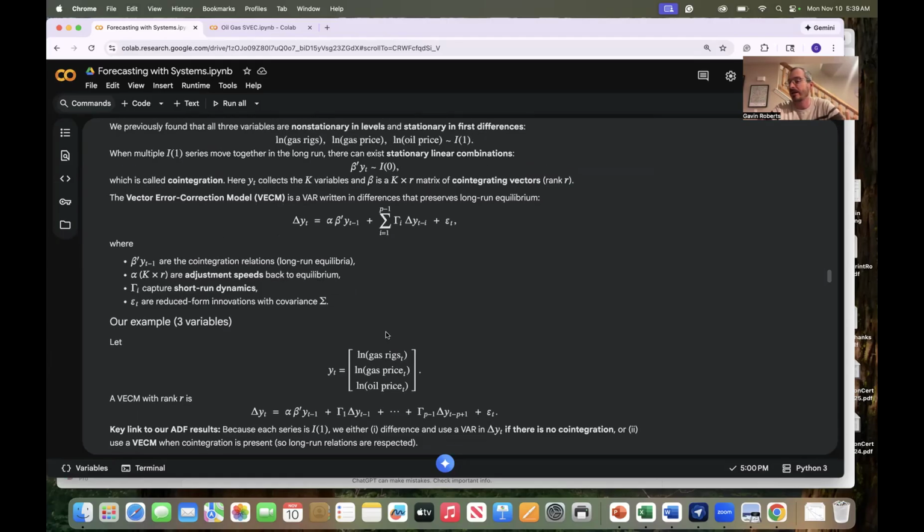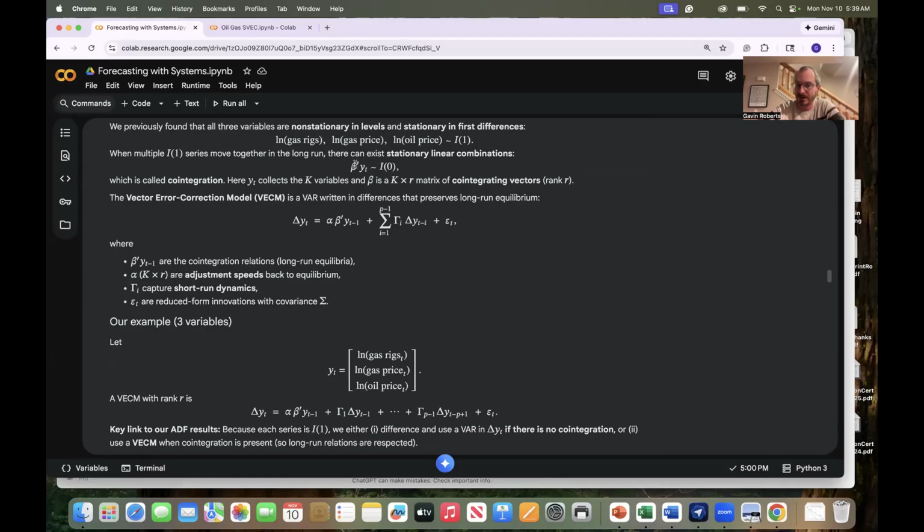Basically, I have an economic theory based on supply and demand, which you saw earlier in the semester, that says these three variables, natural gas prices, oil prices, and natural gas rigs, should have a stationary linear combination based on the behavior of oil and natural gas businesses. I won't show you that theory, but the upshot is that we can say theoretically these three variables in our working example should have this combination.